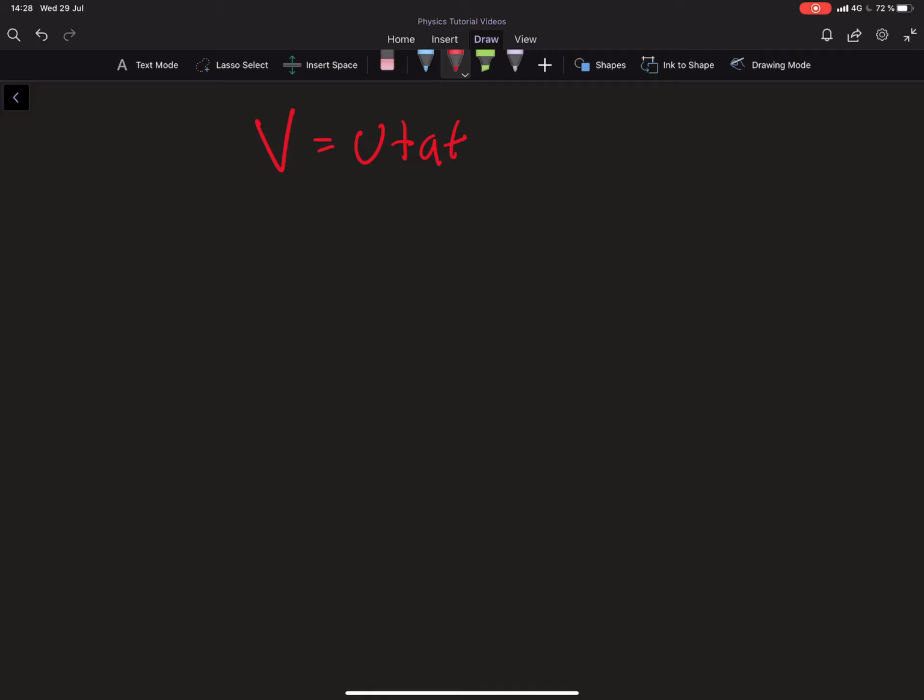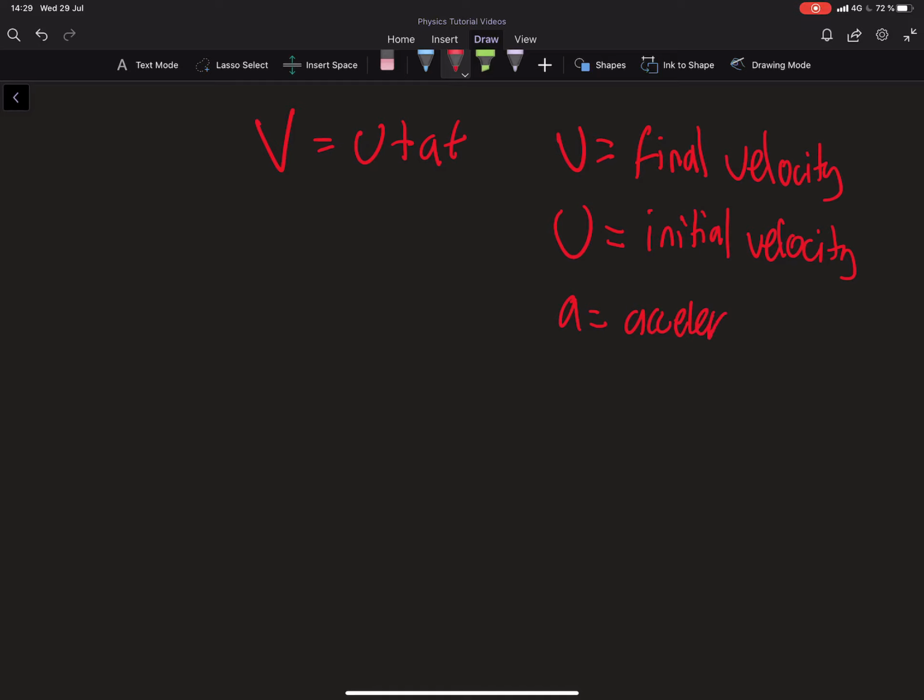Where V is equal to the final velocity, U is equal to initial velocity, A is equal to acceleration, and T is equal to the time.